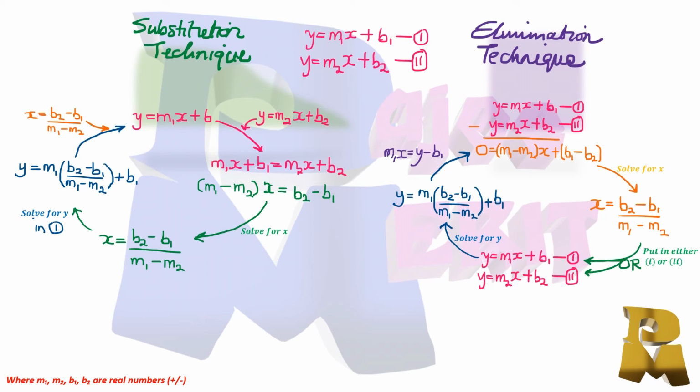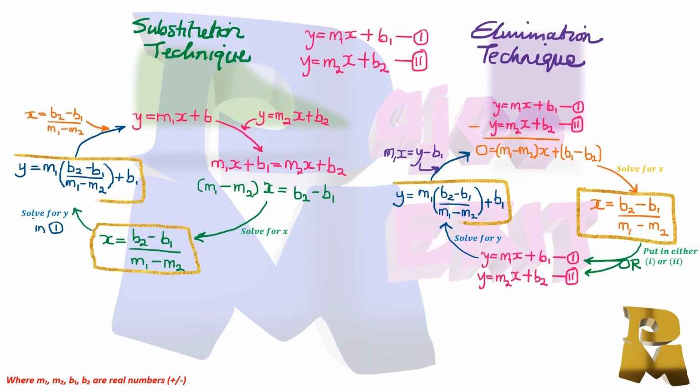So the big takeaway message here is that either you do the substitution or elimination technique, you will always get the x and the y that is actually where the point of intersect occurs. And so in this particular point, what we see is that both the x expression and the y are the same.